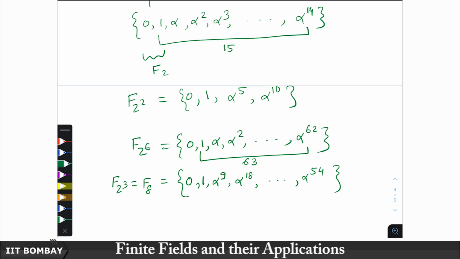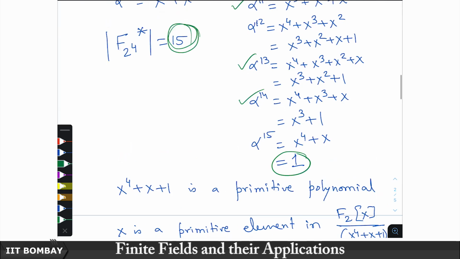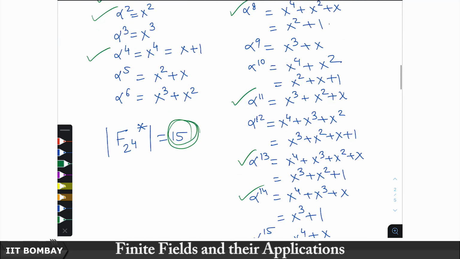We have also seen that a finite field extension is always a simple extension. That is, it is obtained by adjoining one element to the base field. So, when we did this construction F 2 power 4, we extended F 2 to F 2 power 4.